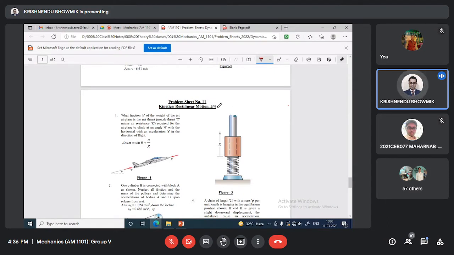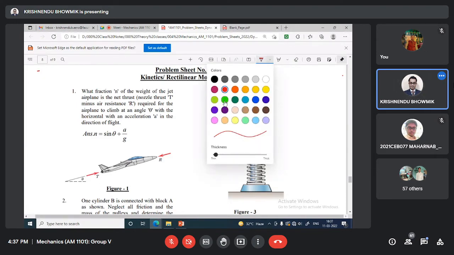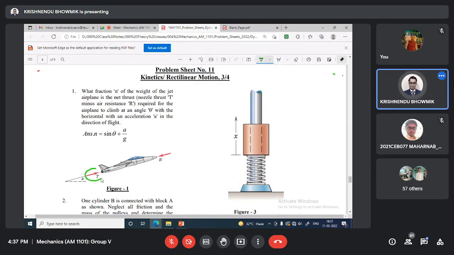Now, what can we do? T is the thrust produced from the engine, the nozzle thrust. Due to the movement in the air there will be some resistance R, which we call the drag force.